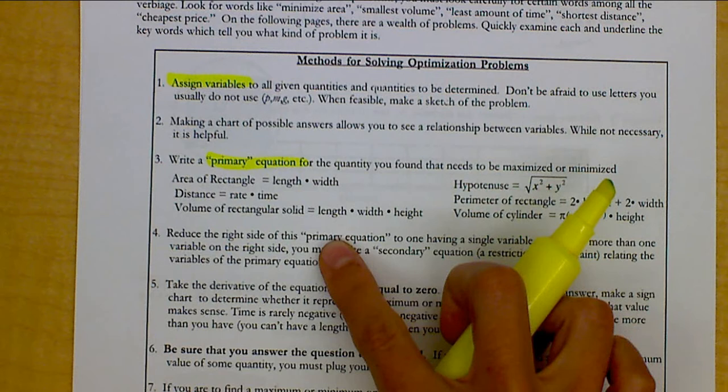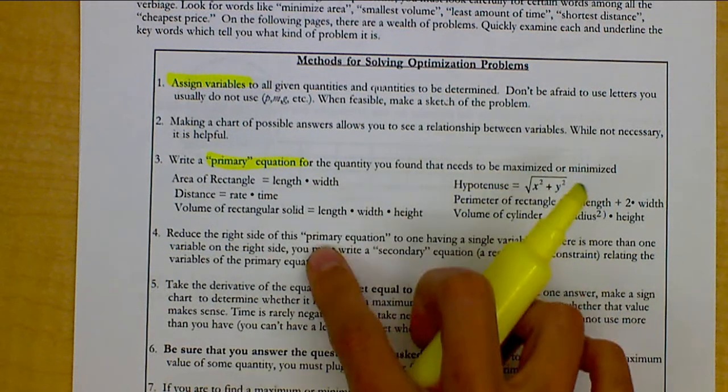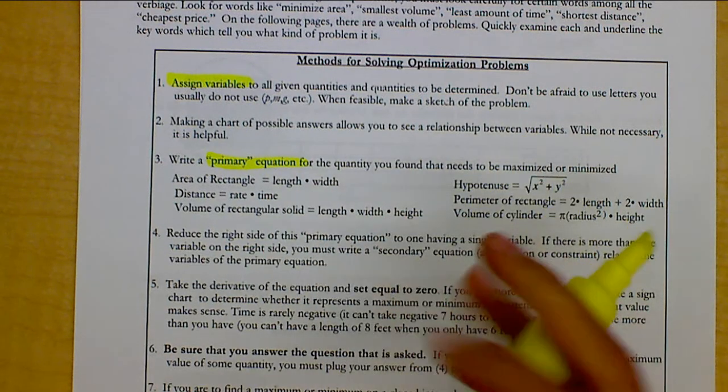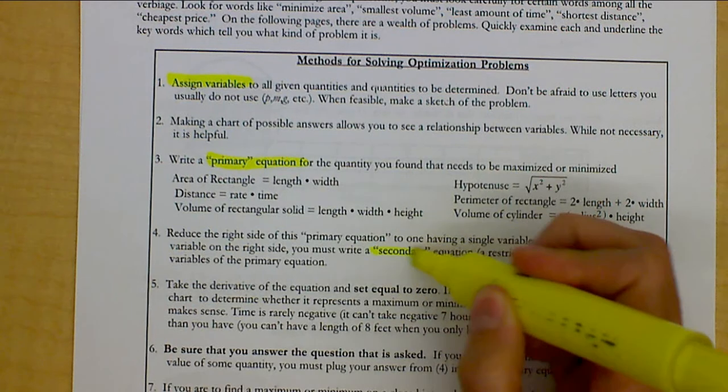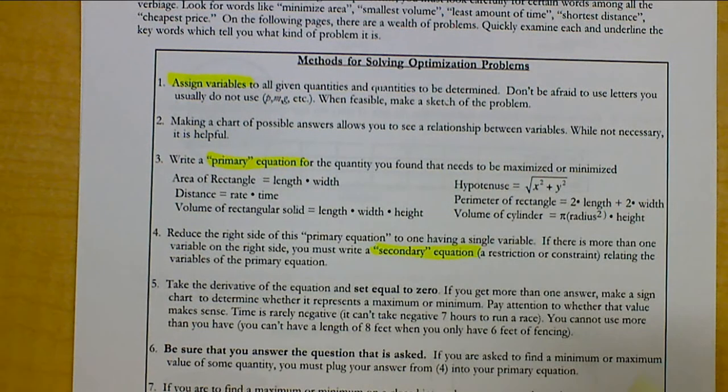For instance, if we're finding area, we have length and width. So if we have more than one variable in our equation, sometimes we have to write a secondary equation. And so we'll deal with this as a system of equations. When we have more than one variable, we need more than one equation to combine those two to simplify it to be one variable.